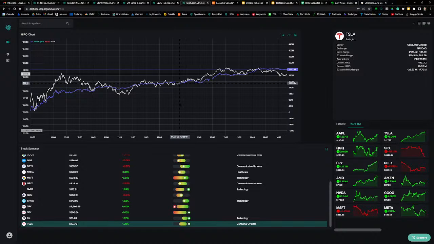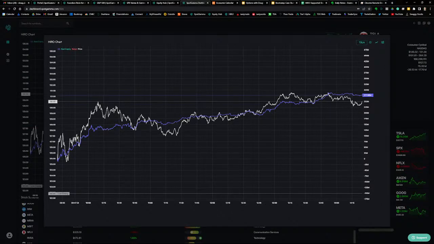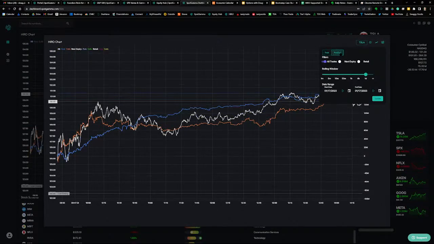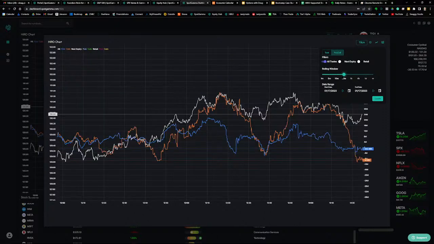Tesla was strong pre-market, and then at the open I saw that traders were buying calls in Tesla, and we'll see that right now. See the orange line rising. Let's zoom in here. I'm going to go to a 30-minute look back period.